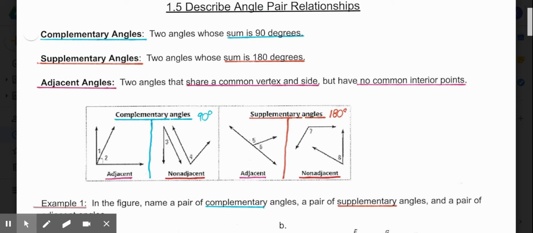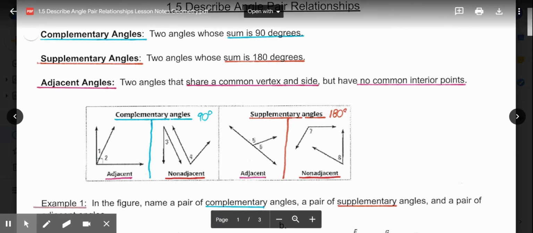Added together, they make a straight line or 180 degrees. They share this ray here and a vertex. So 5 and 6 are adjacent. Non-adjacent would be like 7 and 8. They don't share a vertex or a side, but they still add to 180, which makes them supplementary.